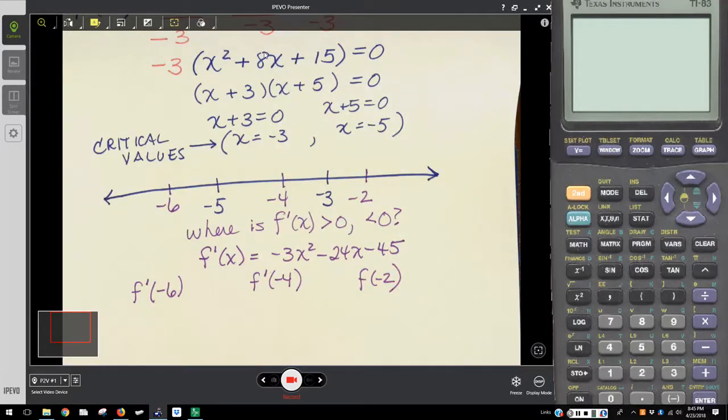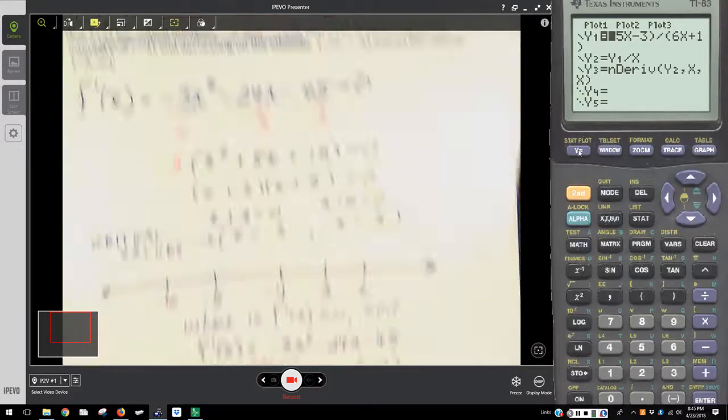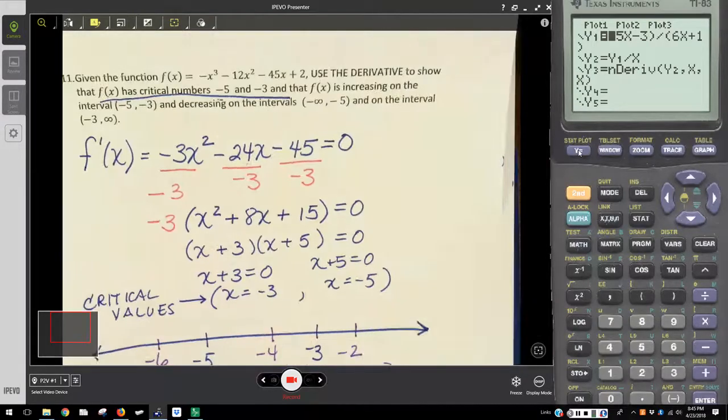And since we're going to evaluate the same function over and over again, it would be much easier to go over here and put in the original function in y1. We'll use our calculator to help us as much as we can.